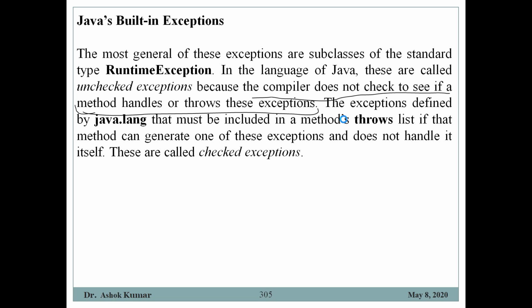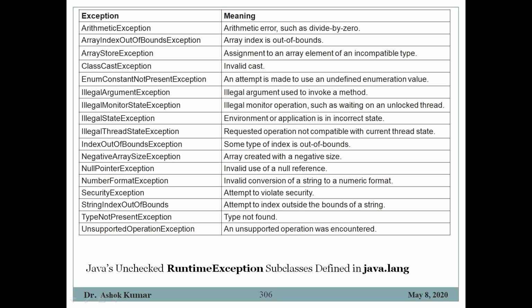So here is the list of unchecked exceptions that are supported by Java. In case of arithmetic exception, if you are not handling it, Java will not complain, as I have shown you in the very first example, where the expression is of the form C is equal to A by B and B is 0.